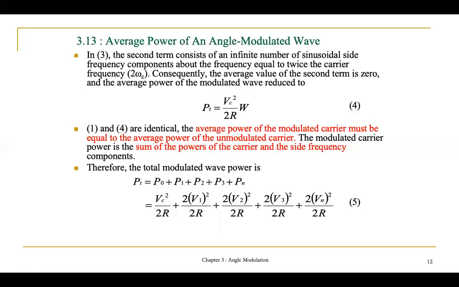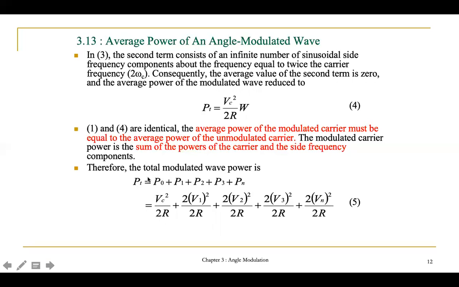So the modulated carrier power is the sum of the powers of the carrier and the side frequency components. Therefore, the total modulated power is P0 plus P1, P2, up until Pn.